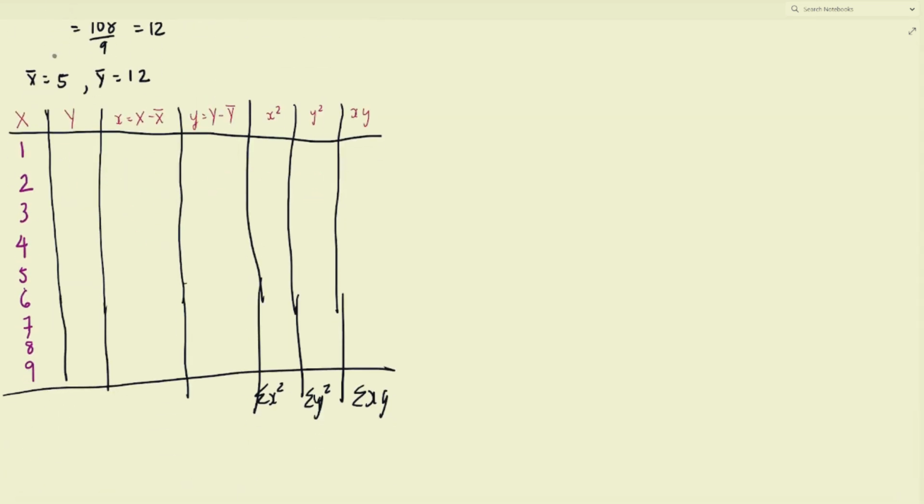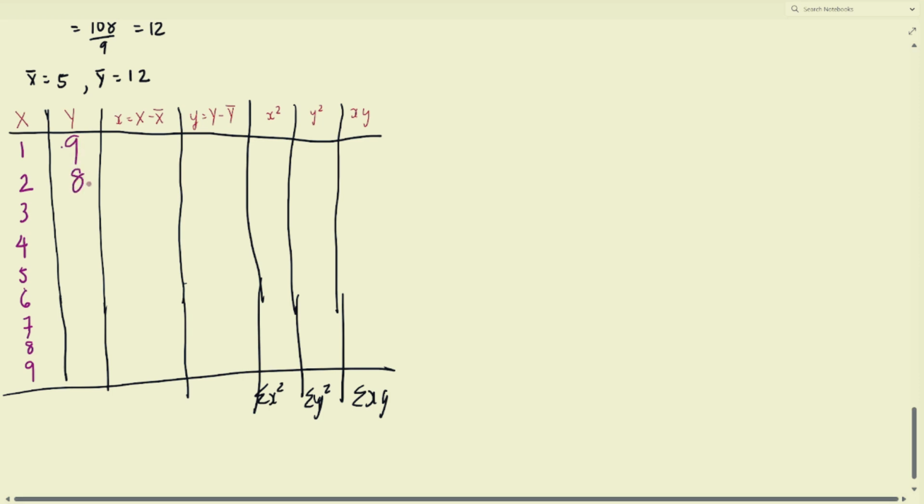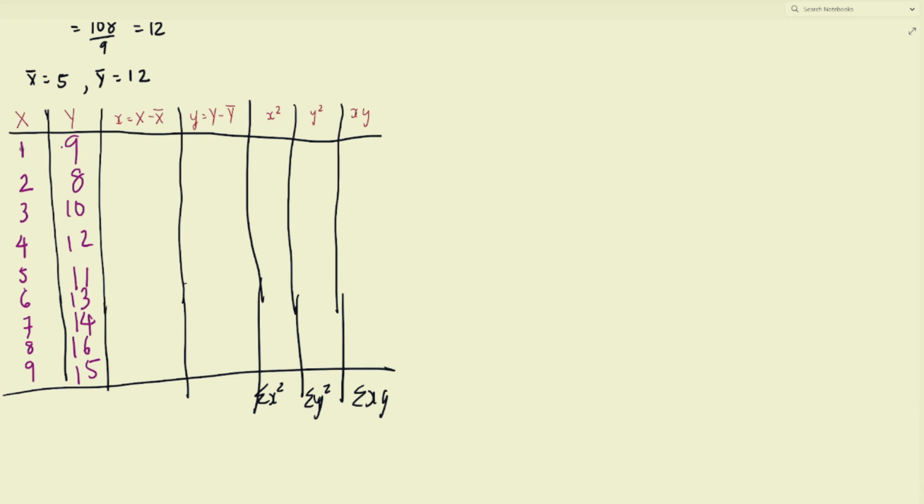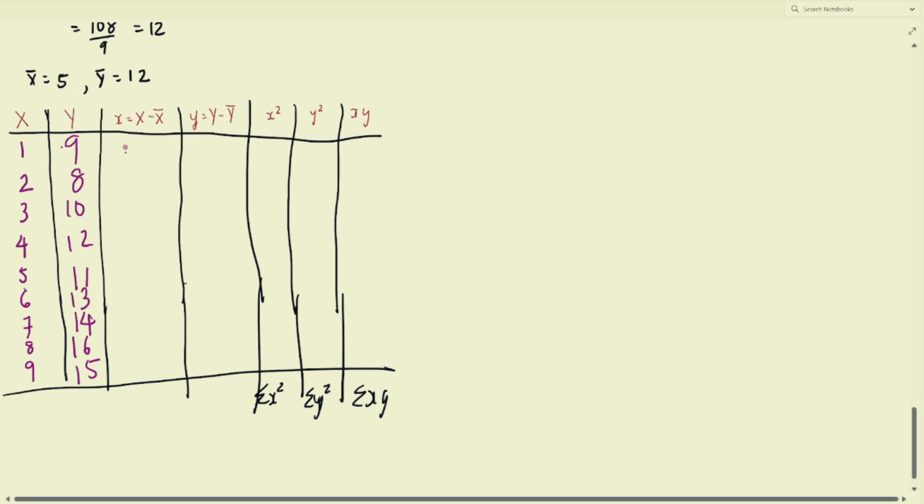So now look, we will fill up the Y values: 9, 8, 10, 12, 11, 13, 14, 16, and 15. So x is X minus X bar. Your X value is 1 and X bar value is 5, so 1 minus 5 is minus 4.